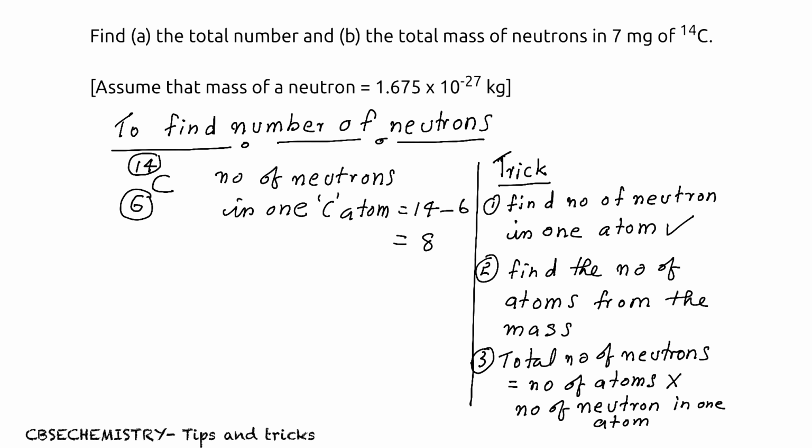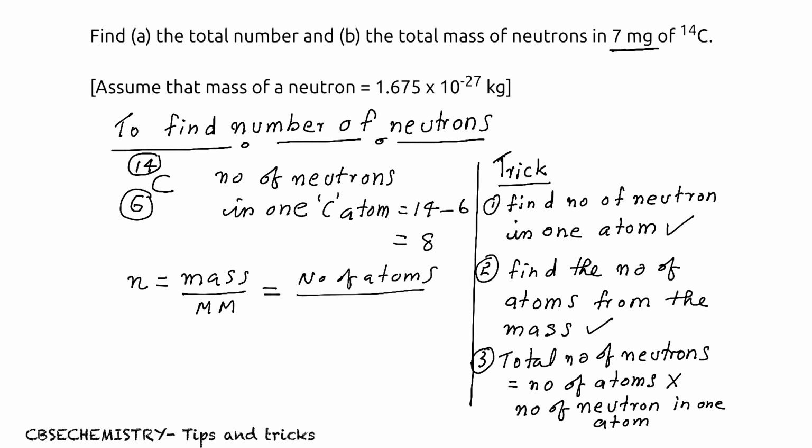Find the number of atoms from the given mass. See, mass is given, right? 7 milligram. Now how to do that? We know number of moles is equal to mass by molar mass, and that is also equal to number of atoms by Avogadro number.